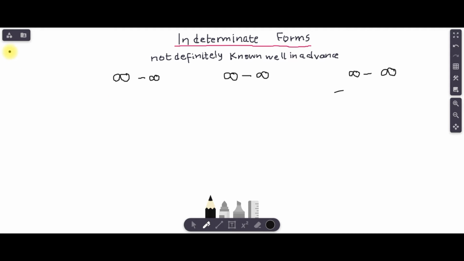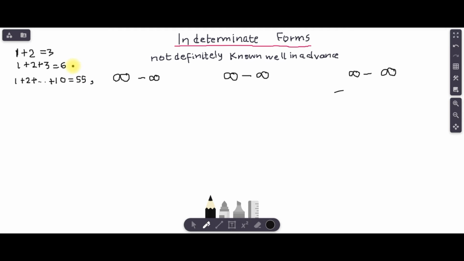All of us know that if I write a series, say the first 2 natural numbers, the sum is 3. If I add the first 3 numbers, it comes out to be 6, it's increasing. The sum of the first 10 natural numbers is 55.